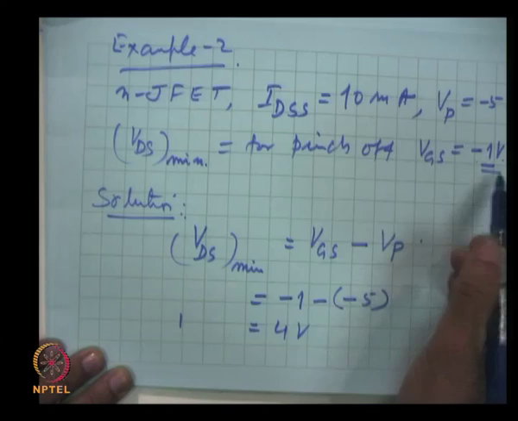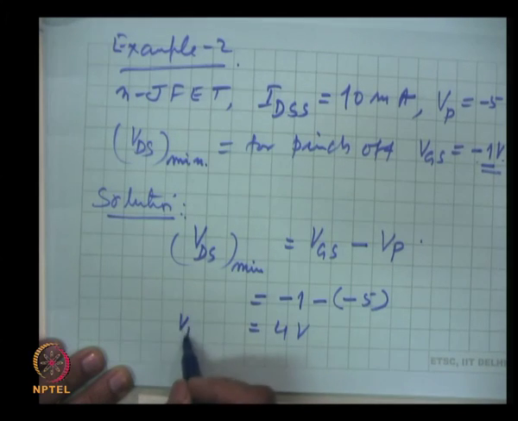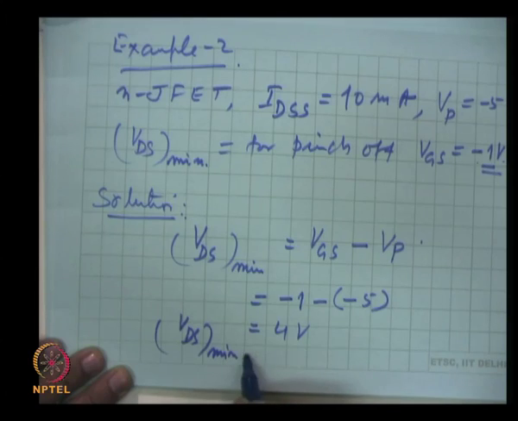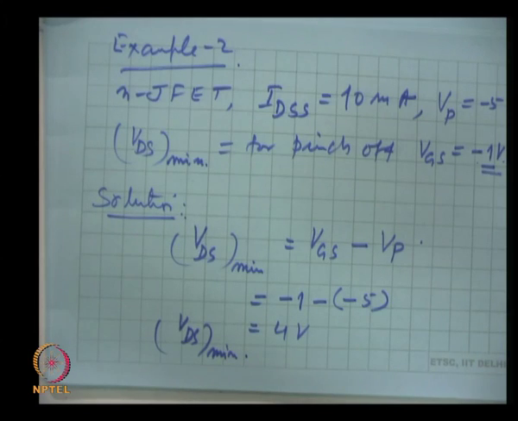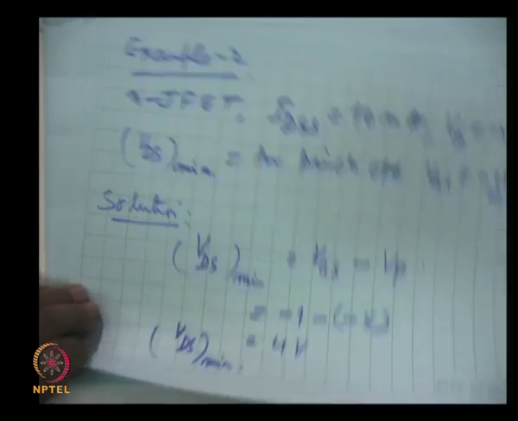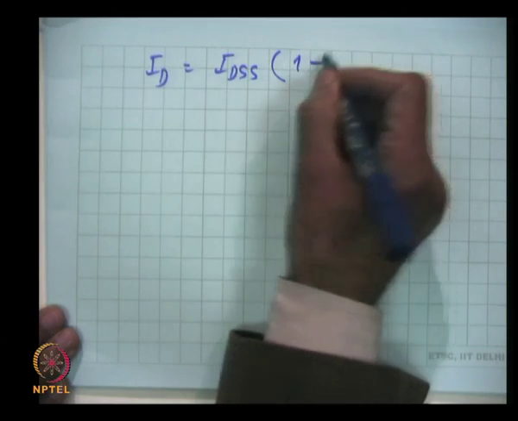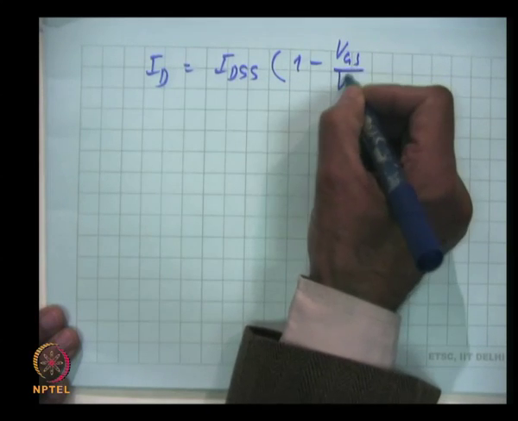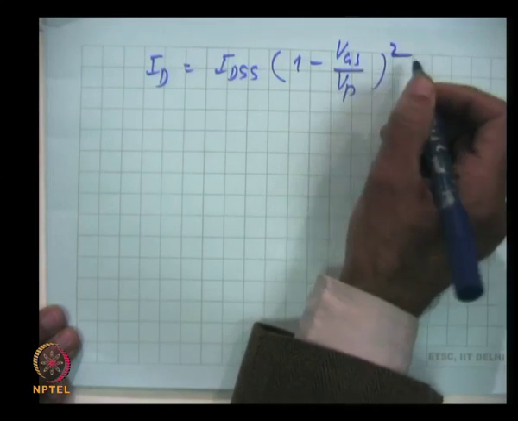Under this condition, a drain source voltage of 4 volts will pinch off the channel, and if we have to find out the drain current at the pinch off, then the drain current again we can find out: IDSS into 1 minus VGS by Vp, square.